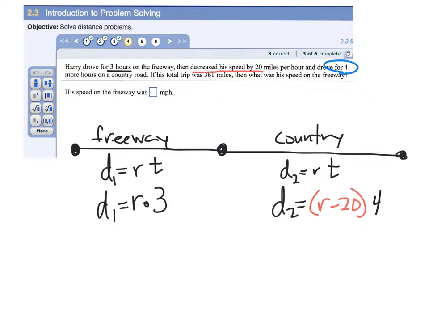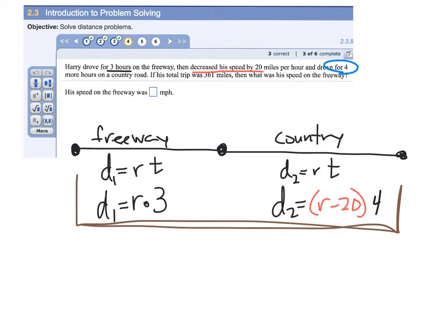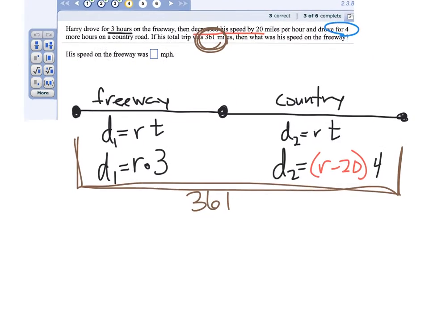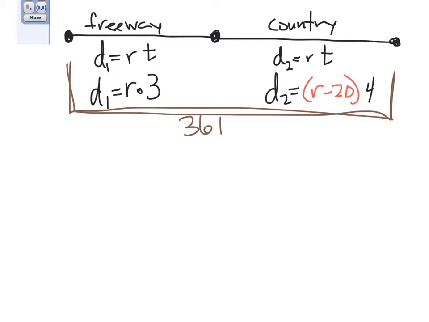Now the cool thing is we're told if we add both of these together, we're supposed to get 361 miles because it says so somewhere. Where's the 361? Oh, there. 361 miles. So that's telling us that this distance plus this distance is equal to 361.